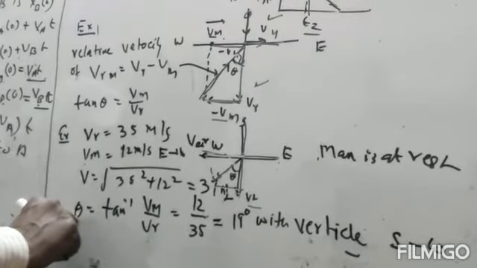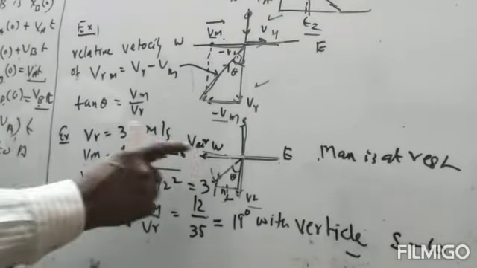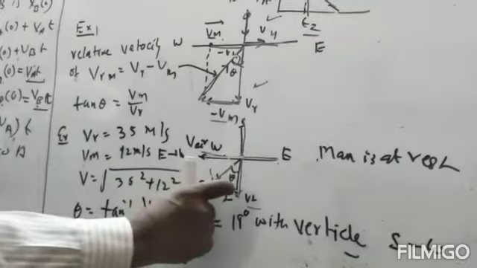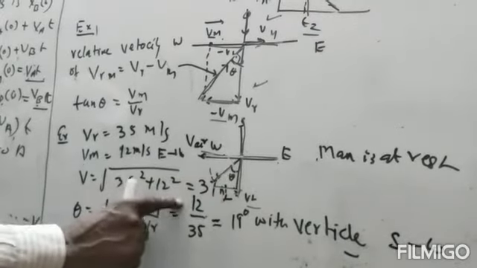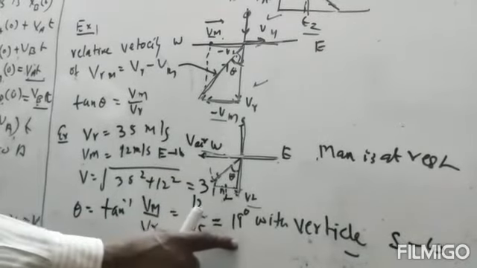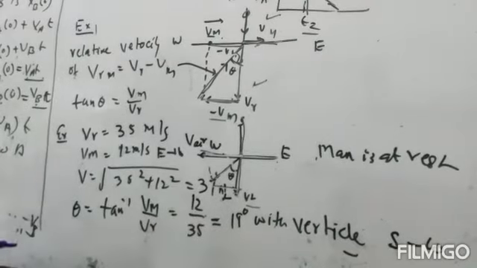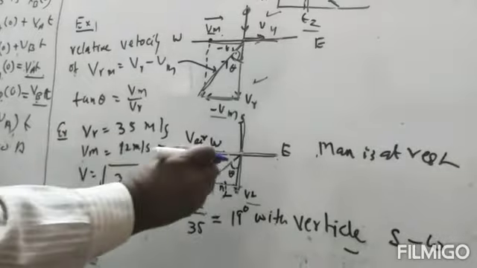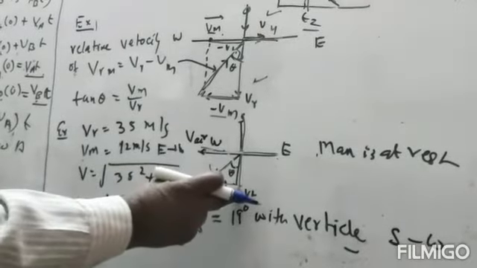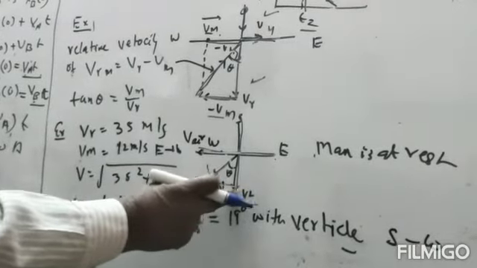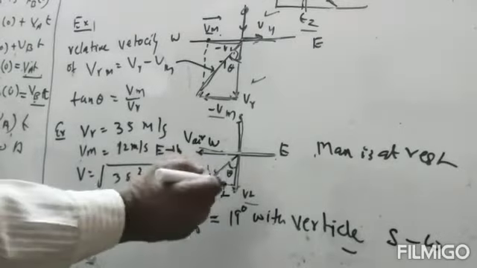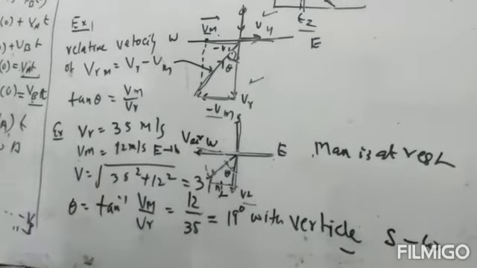And tan theta will be equal to Vm by Vr, 12 by 35, and this will be 19 degrees. So the direction of the umbrella will be 19 degrees with the south to west. This is the south to west direction.